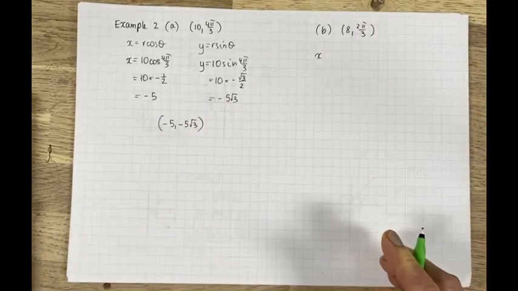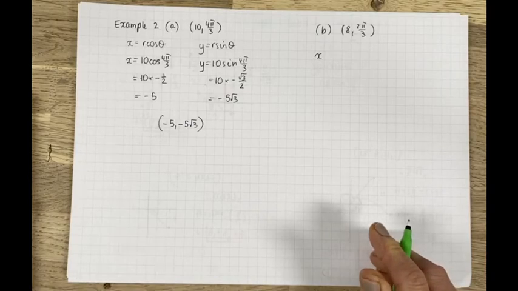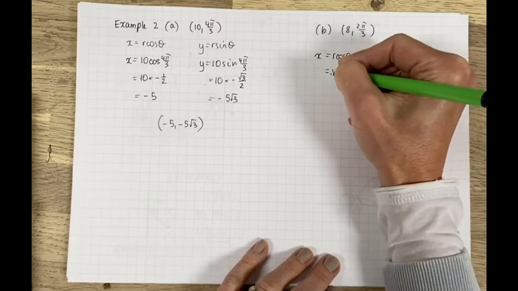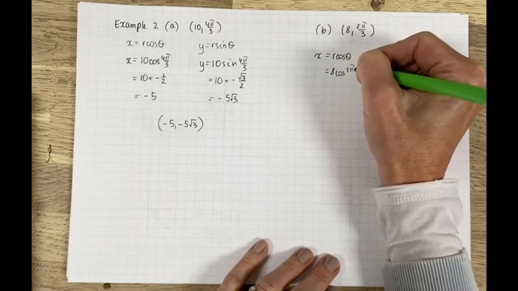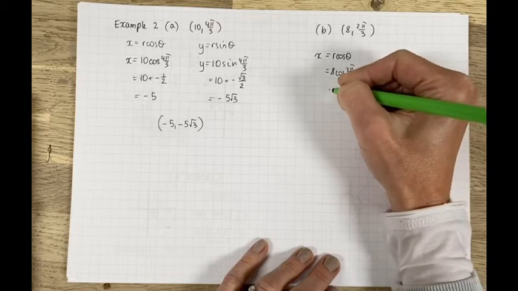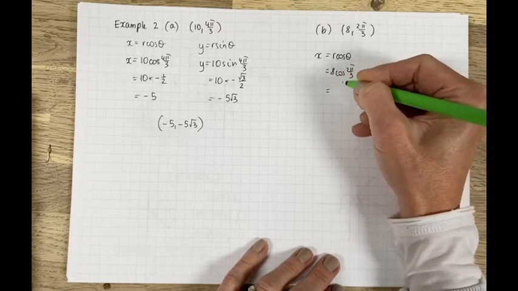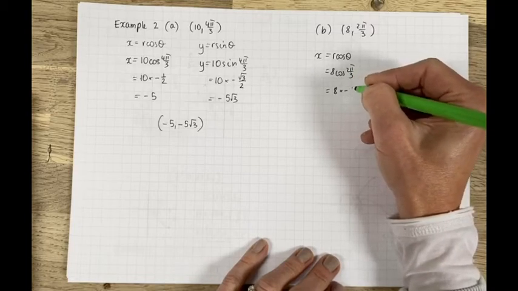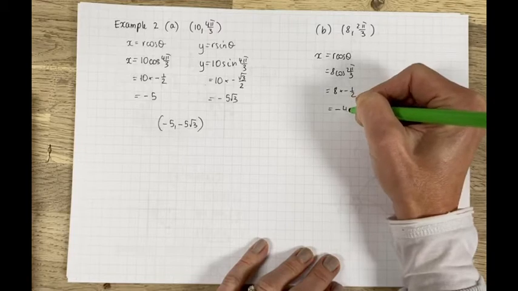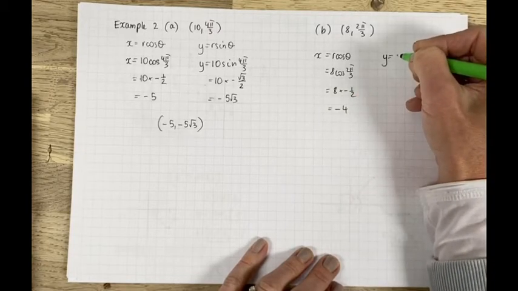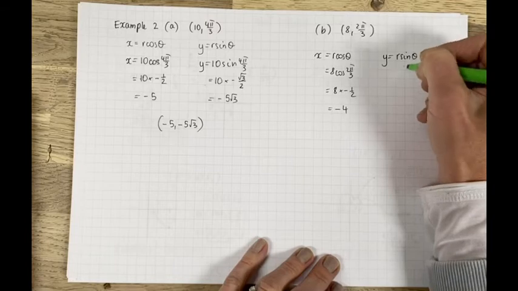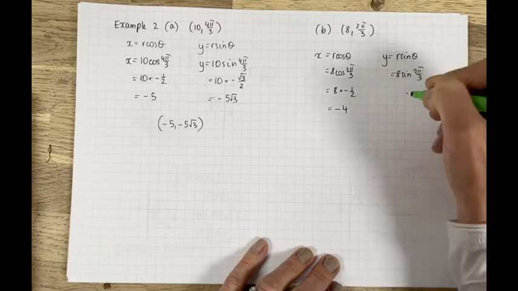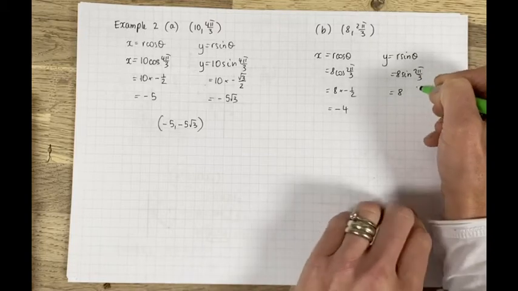Over here in part B, we are going to go through x is r cos theta, which is 8 cos 2 pi over 3. And that's going to be negative half, and y is r sine theta, so it's 8 sine 2 pi over 3, so sine is positive.